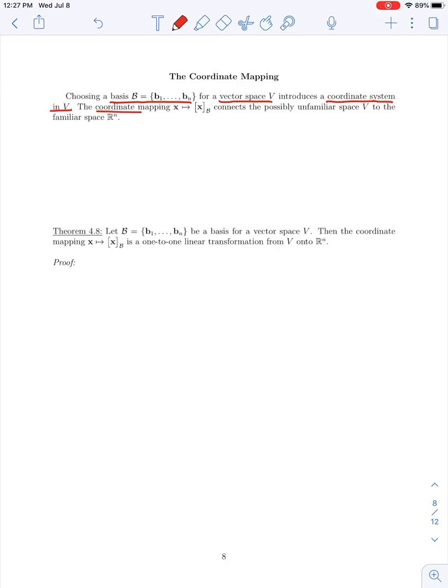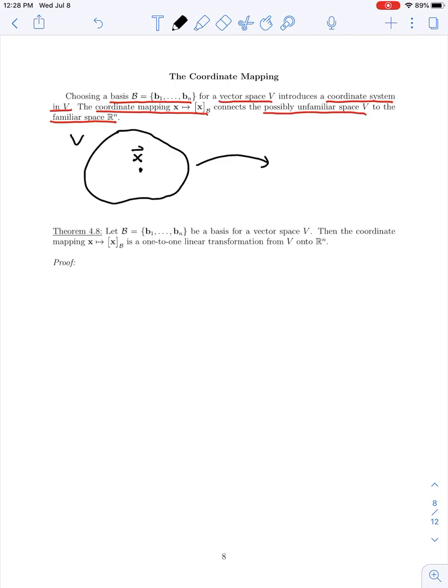Now, the coordinate mapping, which is used to define that coordinate system, takes the vector x and gives a vector in Rn, called the coordinate vector for x relative to the basis B. It connects the possibly unfamiliar space V to a more familiar space Rn. Visually, this coordinate mapping is taking an abstract vector space V, where we have vectors within that space x, and mapping them.